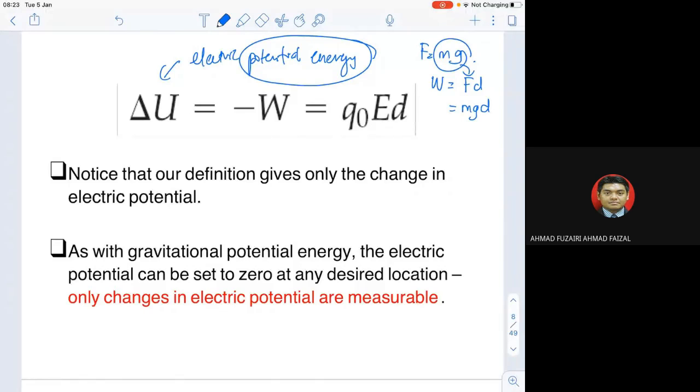Potential energy with mass and gravity uses mgd. But in terms of electric potential energy, we replace the force with F equals E Q naught. So we replace mg, and it becomes E Q d for the work done.